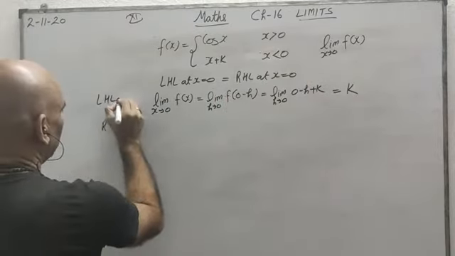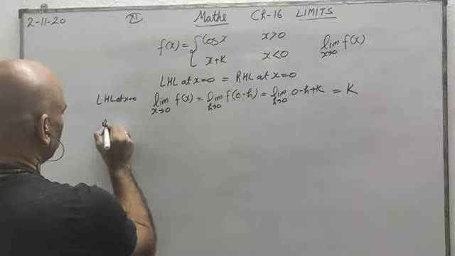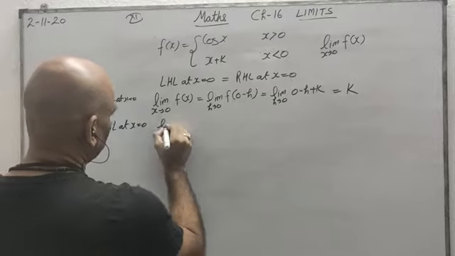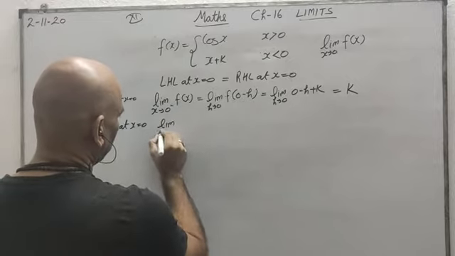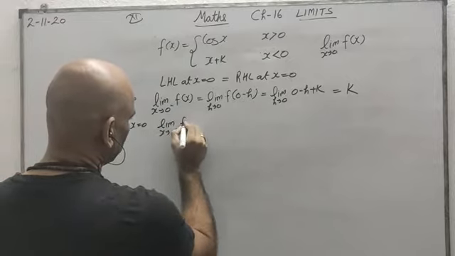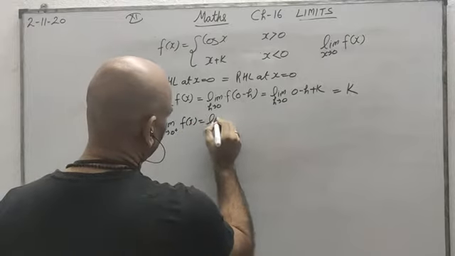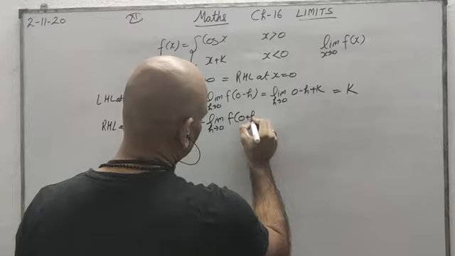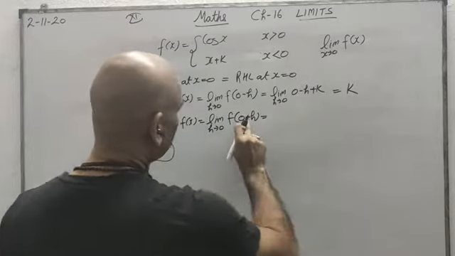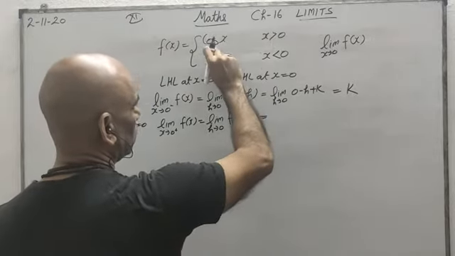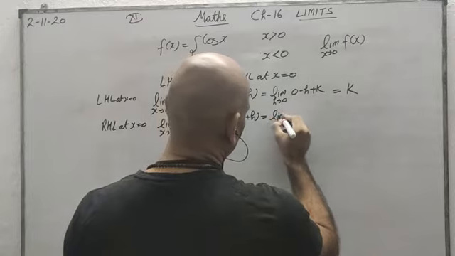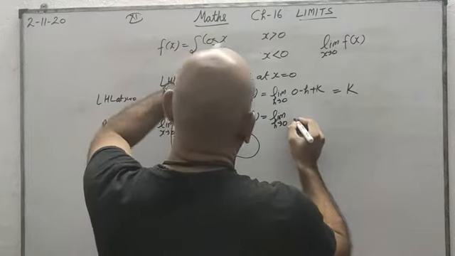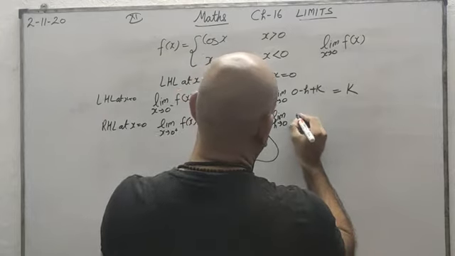Similarly, RHL at x is equal to 0. It is limit x tends to 0 plus f(x), limit h tends to 0, f(0 plus h). So when x is more than 0, its value is cos x. So in cos x, substitute x as 0 plus h.